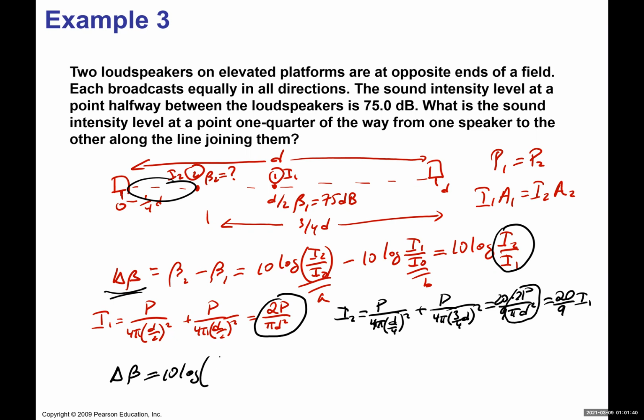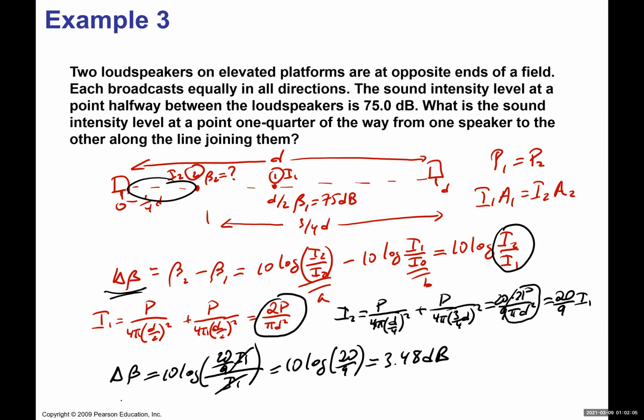My I2 here is 20 over 9 I1 divided by I1, so I can cancel the I1. That means just 10 log 20 over 9. When I calculate this, I get 3.48 dB.